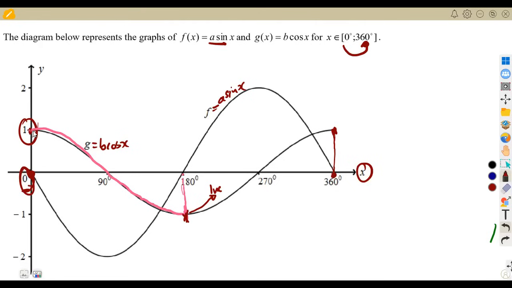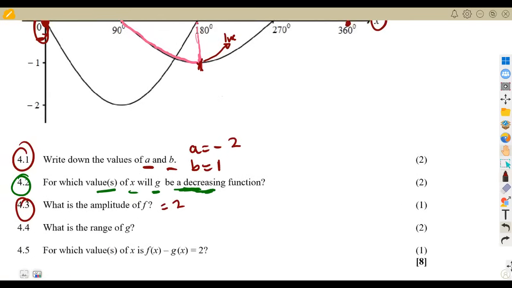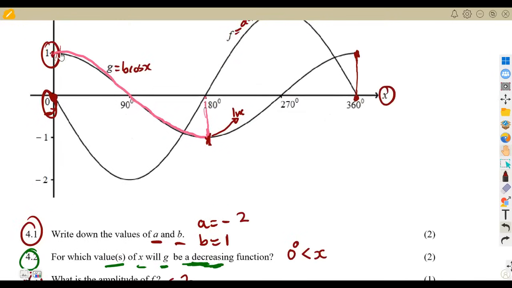So it started at 0, it's actually at the maximum at 0. So it starts to decrease at a value that is now greater than 0. So on your answer here, when it is decreasing, you are going to write this as x is greater than 0. Because at x equal to 0, it's not increasing, it's not decreasing. It's at a stationary point. The function is not moving.